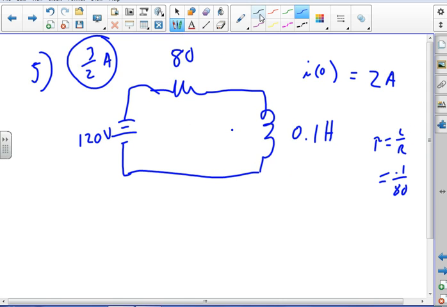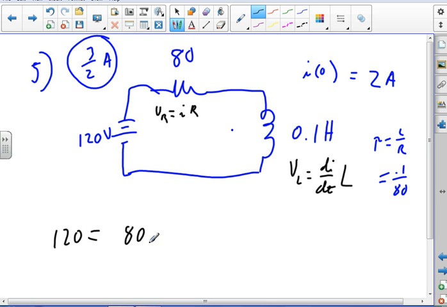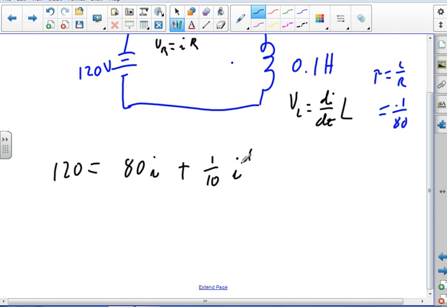All right, so back to the issue. The voltage across the resistor is IR, and the voltage across the inductor is L di/dt. So using voltage drops, we have 120 volts has to equal 80 I plus 1/10 I prime. Clearly we're not in the right form, so I'm going to multiply everything by 10.